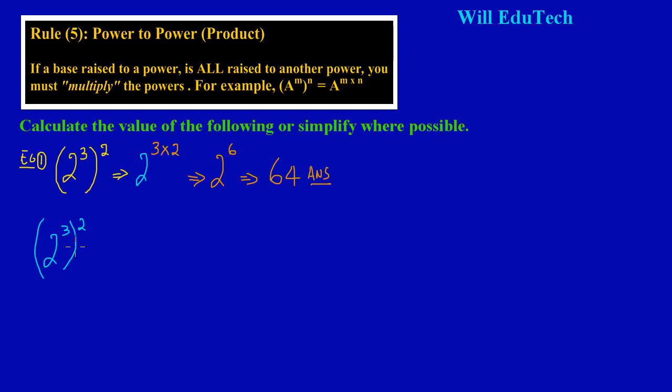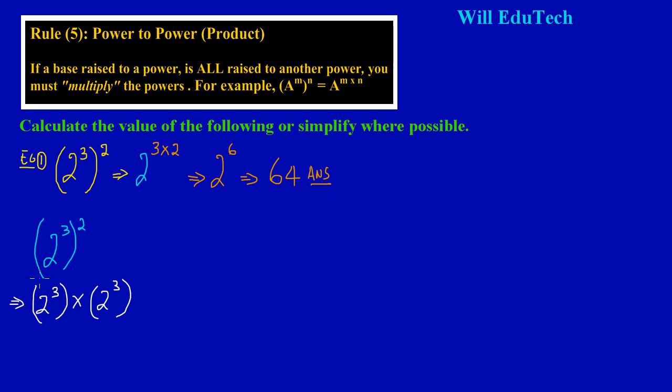And in this case, this 2 outside here would be the dominant power. So what this is really saying is that I have a 2 to the 3 multiplying itself 2 times. So this implies really that I have a 2 to the third power, and that is multiplying another 2 to the third power. That is simply what this is saying.